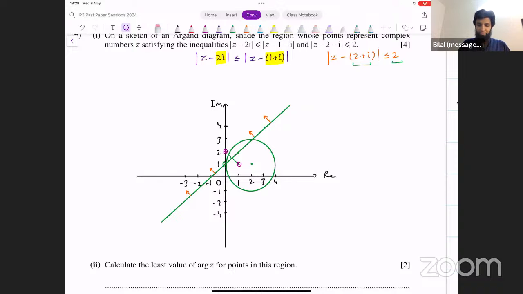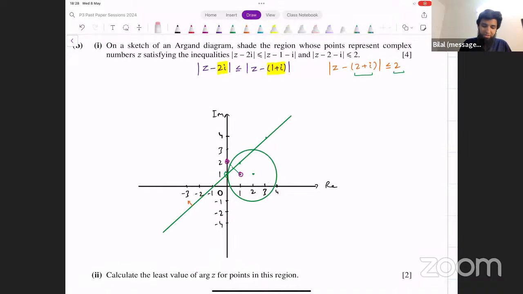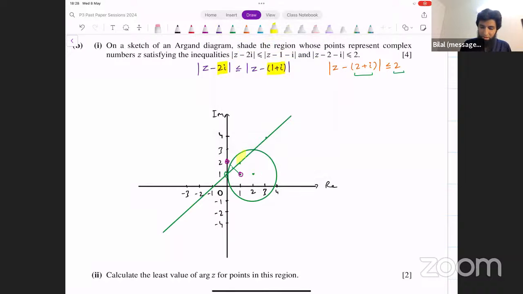Okay. Now you have to be inside this circle and above that perpendicular bisector. Which region satisfies both of these conditions? It's this small region here. Above the perpendicular bisector and inside the circle, because the distance from that point is less than or equal to 2.